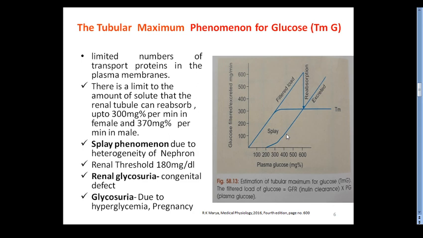The number of transport proteins or channels is limited in the plasma membrane of the tubular cells. So that's why only a certain amount of glucose present in the filtrate can be reabsorbed.